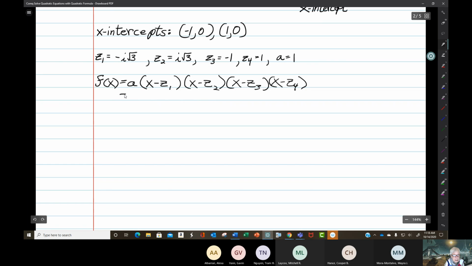We will have an invisible 1, x minus -I times the square root of 3, x minus positive I times the square root of 3, x minus -1, and x minus +1. See how you have to have the x minus in there? You can't just throw it away.